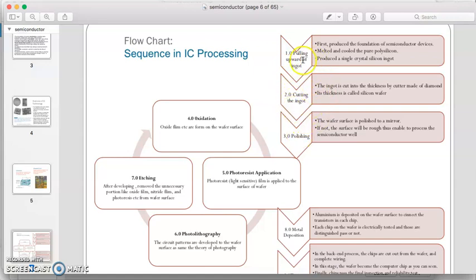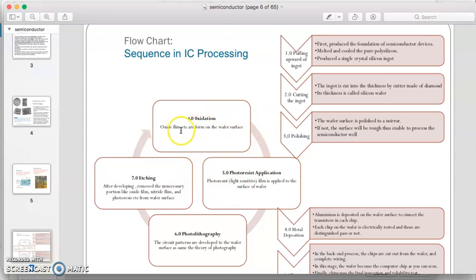The raw material is silicon, and pulling outward the ingot means that the silicon is produced by pulling the melted silicon upward, in order to produce single crystal silicon. Then we cut it into pieces and polish the surface.